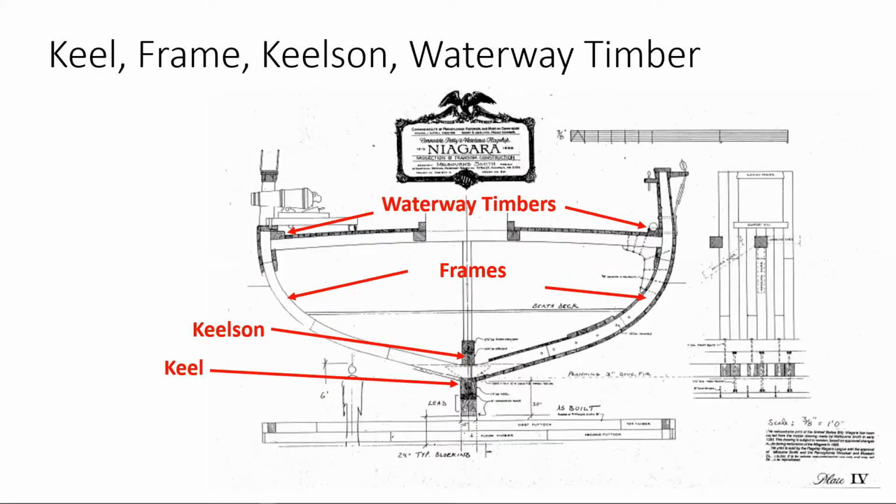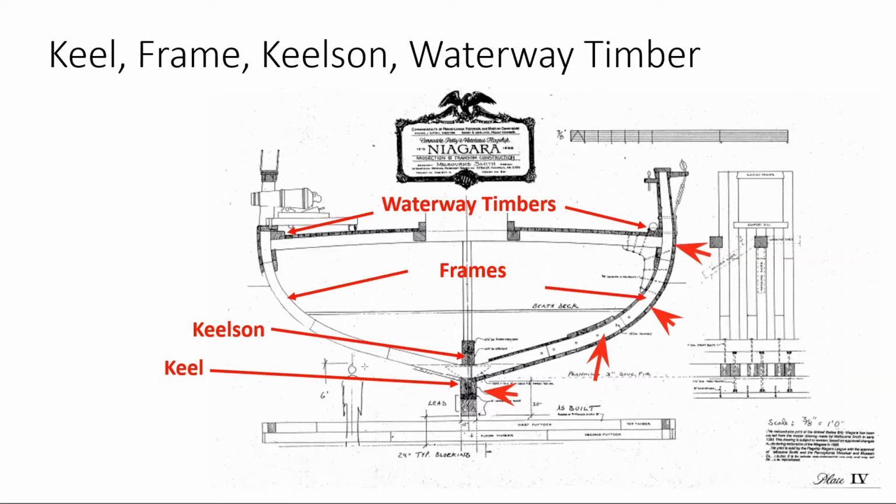Like we discussed during morning muster, we have these major components here. Everything begins with the keel, the lower part of the ship. So we have our keel down here. Then we have our frames, which are made of futtocks.